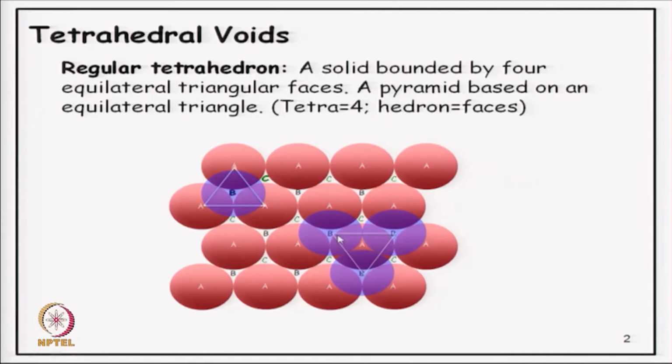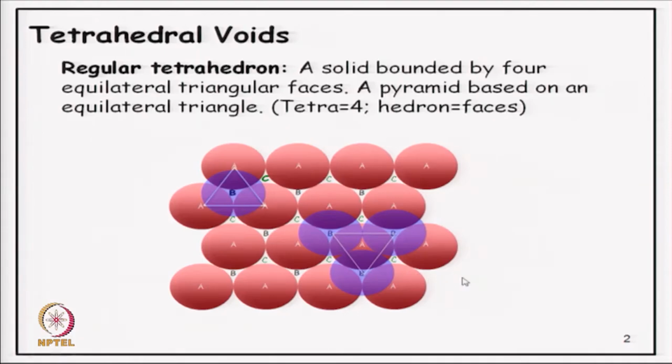So, again the 4 atoms, these 3 B with a single A atom from below, also form a tetrahedron. The centers of these spheres form a regular tetrahedron. The space left between these spheres is the void which is given the name tetrahedral void.